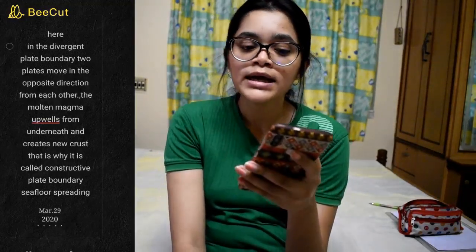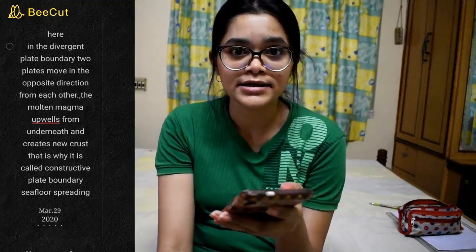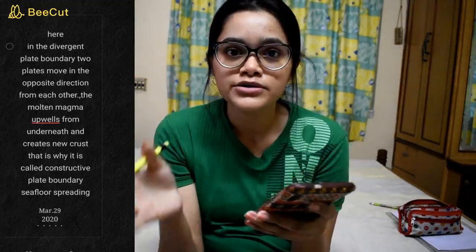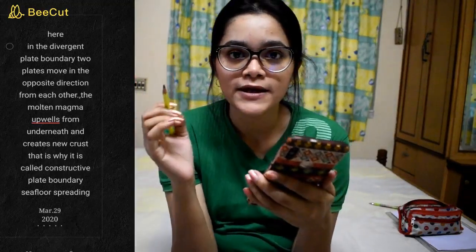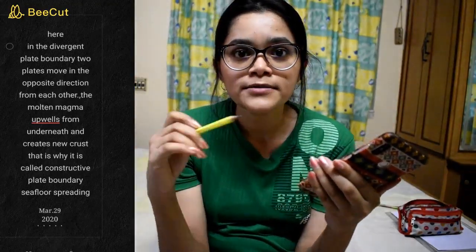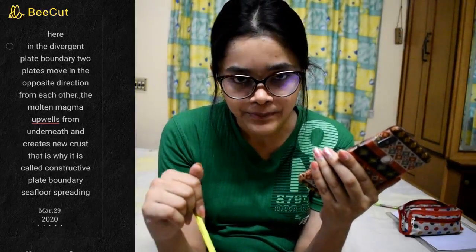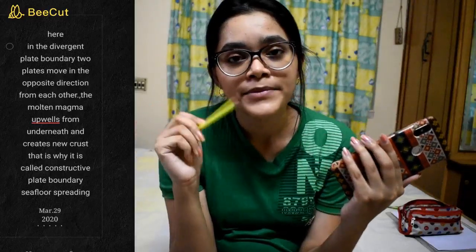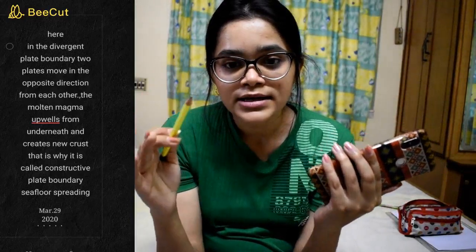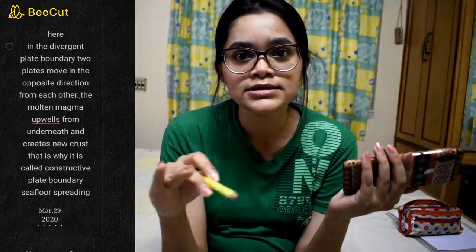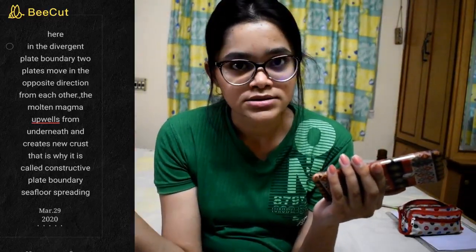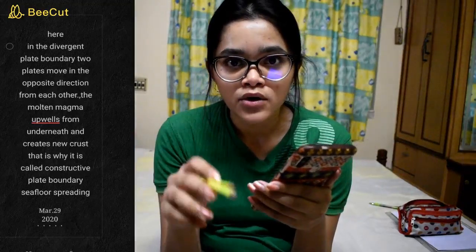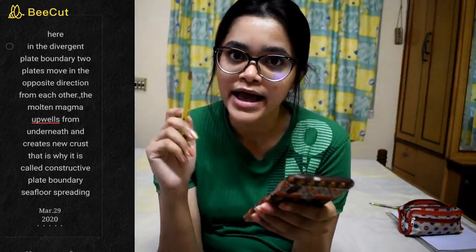The molten magma which is present in the mantle is upwelled, and while it cools down, it creates a new crust. So that's why it is called a constructive boundary as well.